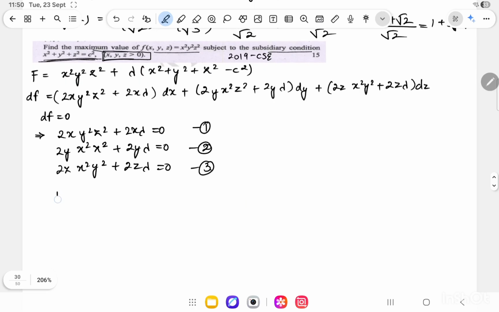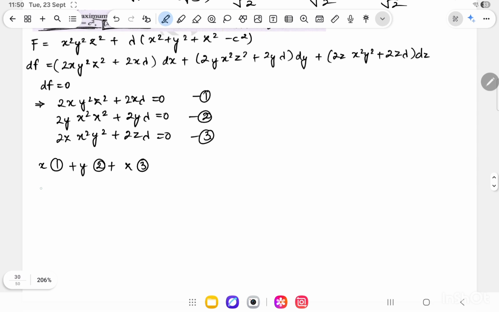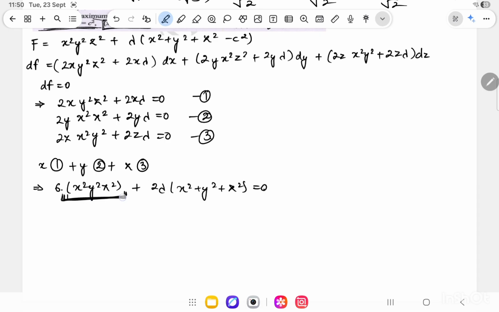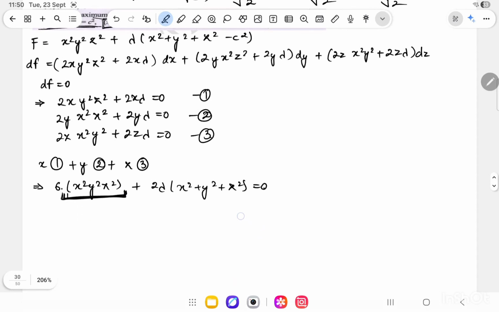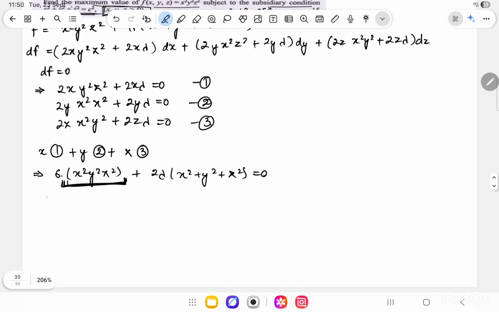Now if I multiply equation 1 with x, equation 2 with y and equation 3 with z and add these equations, I'll get basically 6 times x square y square z square plus 2 lambda into x square plus y square plus z square equals 0. Now this is the function whose value we are supposed to maximize, so let's name it u.